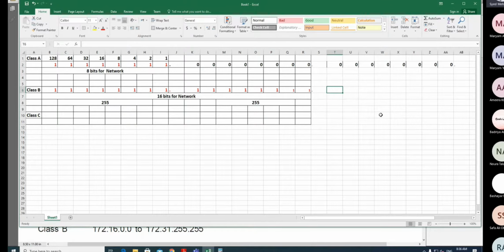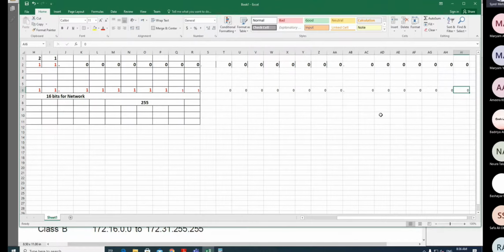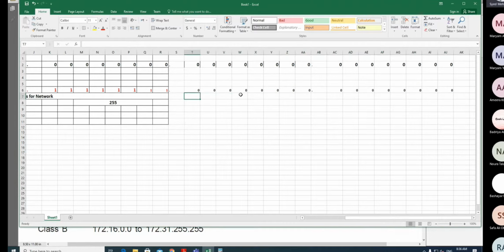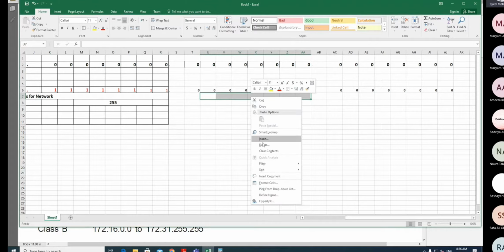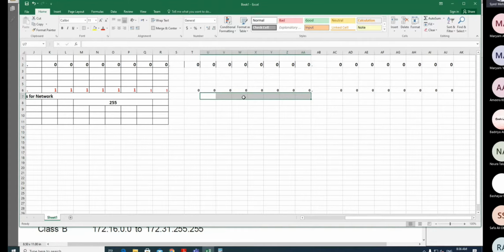For class B, the rest of the bits are 0: 1, 2, 3, 4, 5, 6, 7, 8, and here 1, 2, 3, 4, 5, 6, 7, 8. These bits are for the network, and these bits are for the host.